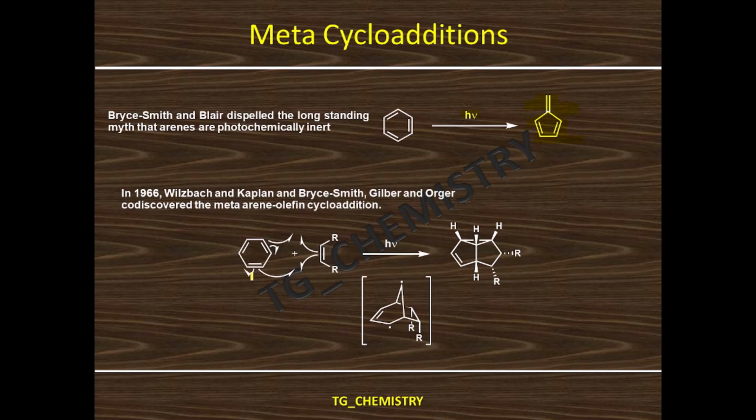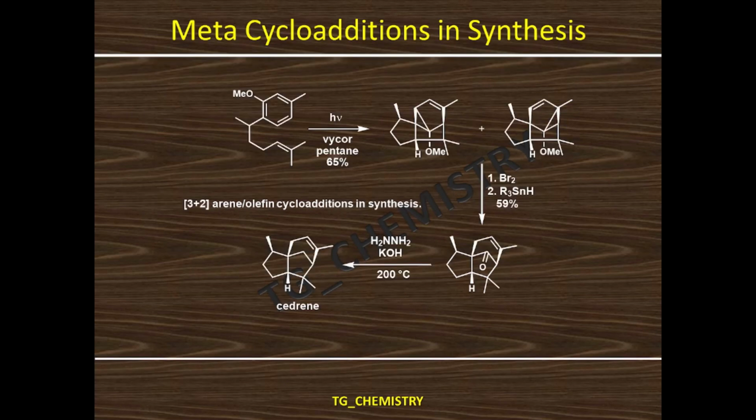Another example: benzene reacts with a cis olefin under photochemical irradiation, going through this biradical intermediate and producing a 5-5 fused ring structure having a cyclopropane ring flanked on that part. So these are examples of meta cycloadditions, and now I'll talk about meta cycloaddition in synthetic application.